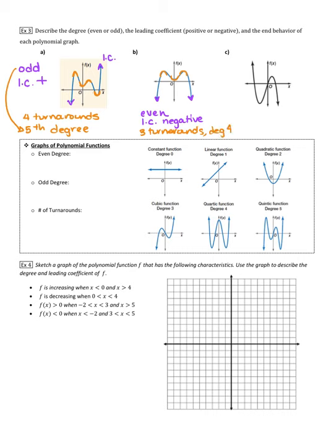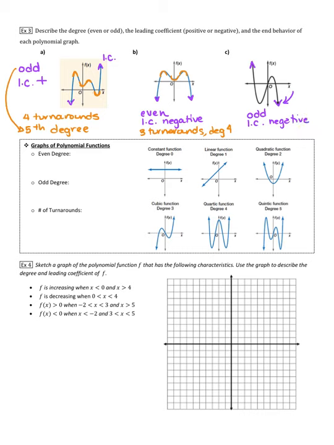Okay. Let's look at this last one. So I'm going in opposite directions for my end behavior. So what does that mean? That means odd. And I know that my leading coefficient, since the end behavior is going down, that means my lead coefficient was negative.